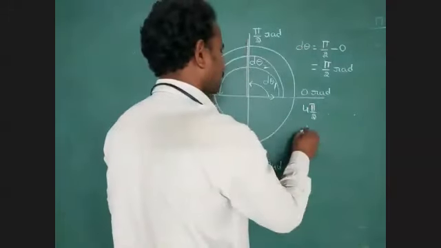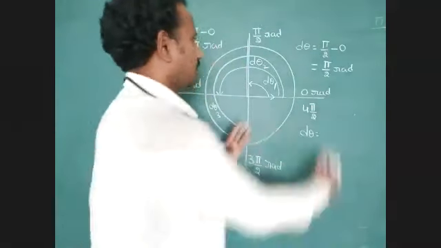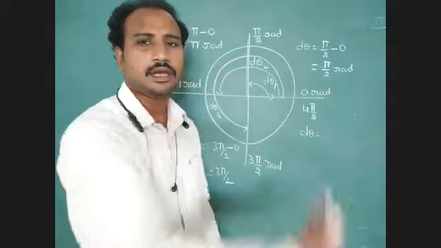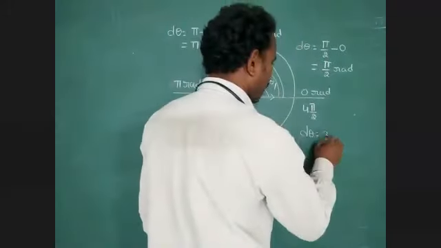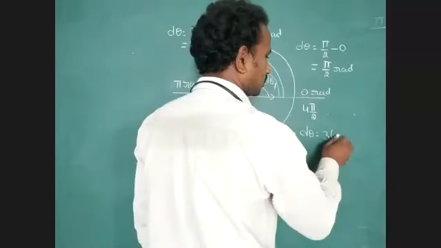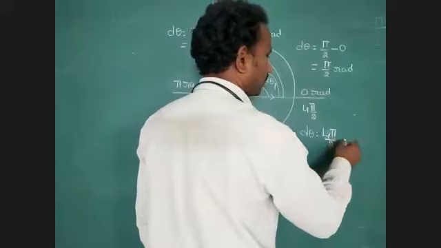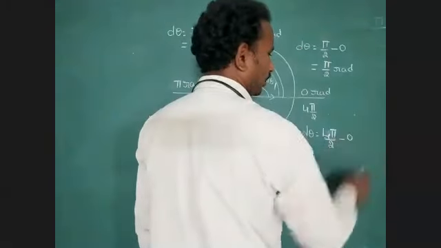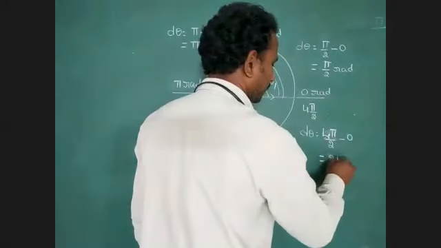But we have to consider the total angular displacement in which direction? In the anti-clockwise direction, we consider 360 degrees, meaning 4 pi by 2 minus 0 radian, which equals 2 pi. Yes or no?